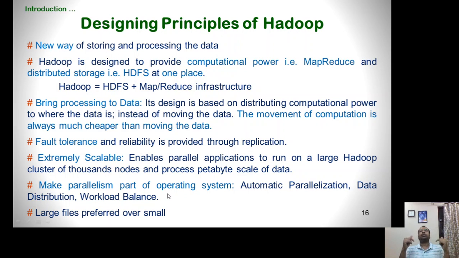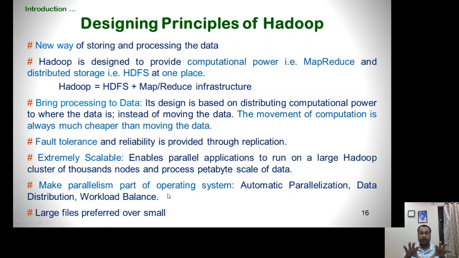In a traditional distributed computing framework, it is the job of the programmer writing the parallel code to handle parallelization: how the code will distribute the data, how it will distribute the computation. Everything you have to program using MPI or some other framework. How data will be distributed, how workload will be balanced on different nodes.